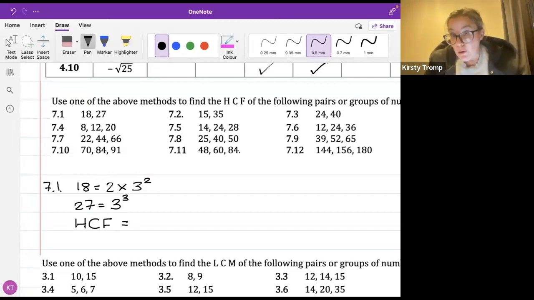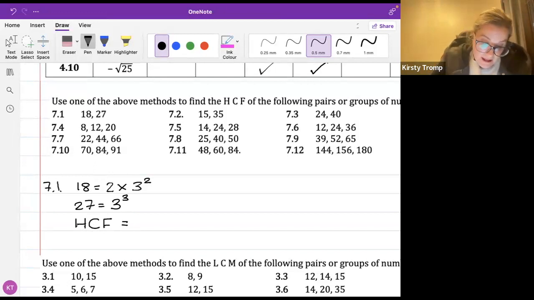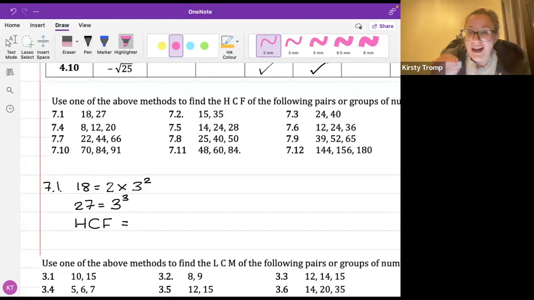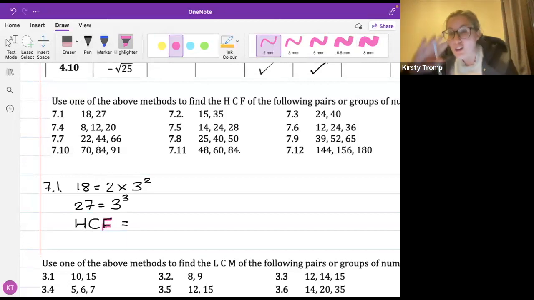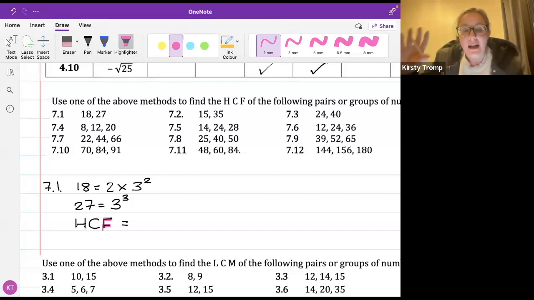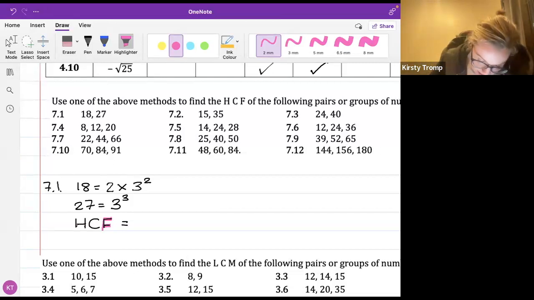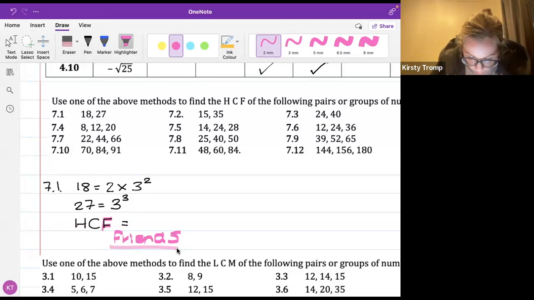Okay, so when I'm looking for highest common factor, I think to myself that this F in highest common factor, I know it means factor. I've known highest common factor since I was in grade 7. But to me, highest common factor means friends.